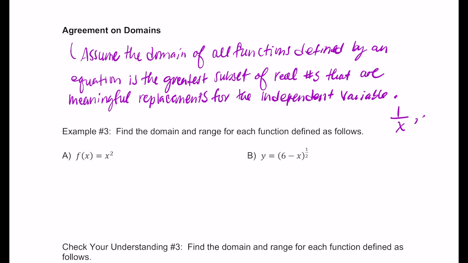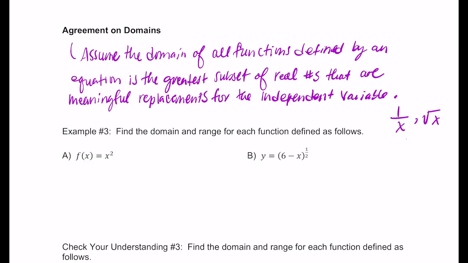Another example could be if you have a square root. So the square root of x, you know that there are certain numbers that don't work with square roots, like negative numbers. You're not in the real number system anymore, you end up in the imaginary number system. So we would need to say that our domain, in that case, if it's the square root of x, would be x has to be greater than or equal to 0.